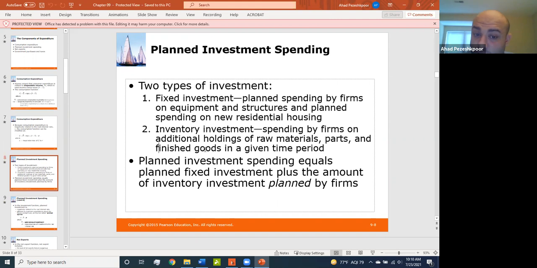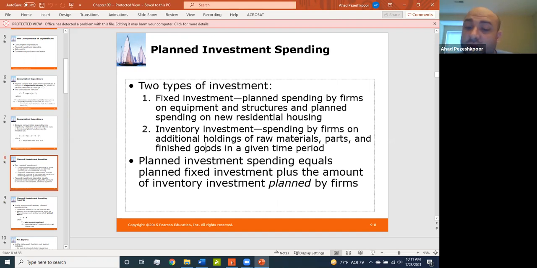And finished goods, of course, that you can sell later. For example, if a car manufacturer produces a car and people don't buy it this year, the manufacturer won't just throw the car into the ocean. It would save it, put it in some warehouse, and sell it next year.